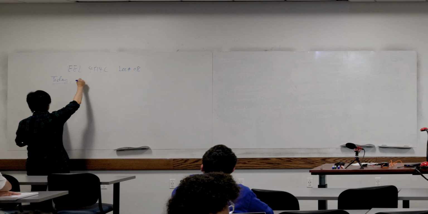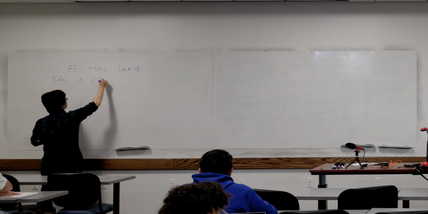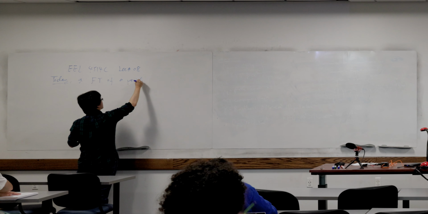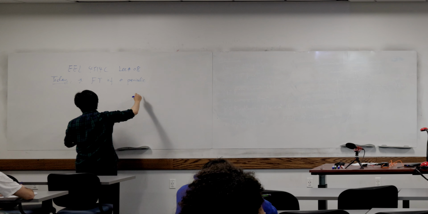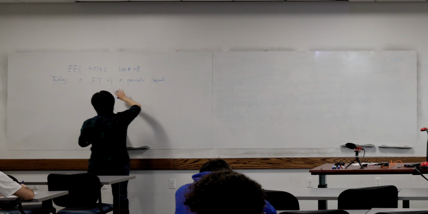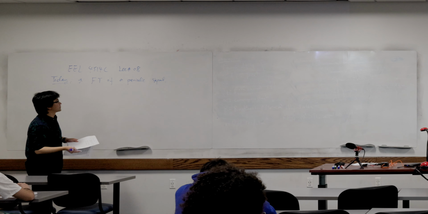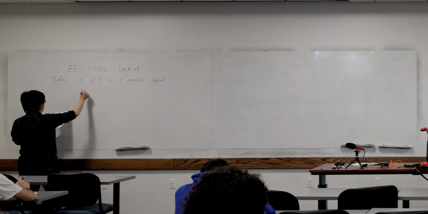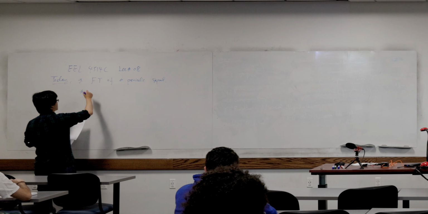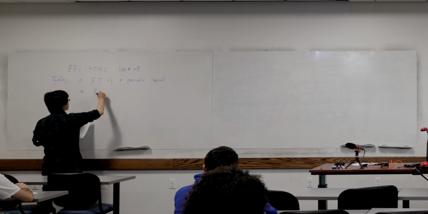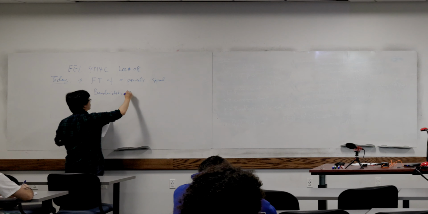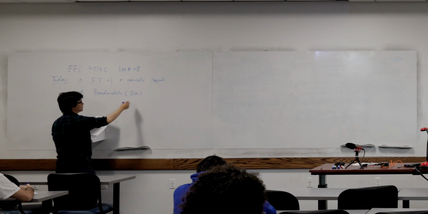The first one is to compute the Fourier transform of a periodic signal. This is what was left from the last lecture. Then, based on what we have learned, we're going to see a specific example about the bandwidth of a signal, normally called BW.